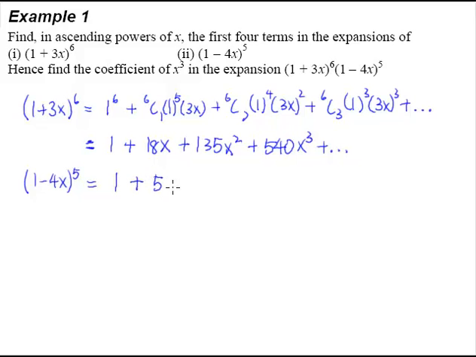And 1 will now have power 4, but you must know that 1 to the power of 4 is 1, and therefore it doesn't make a difference whether we write the 1 to the power of 4 here or not. We can just leave it blank to simplify things a little, so we can do it faster. The second term, which is our minus 4x, will be raised to the power of 1. So this is what we have. The next term of course is 5C2.